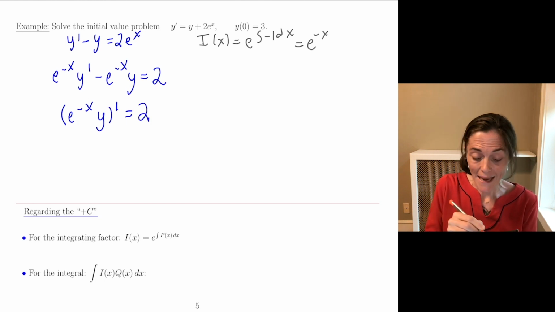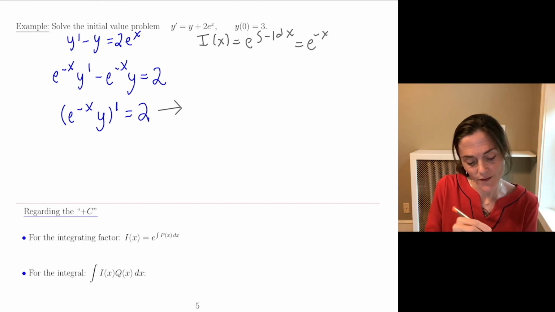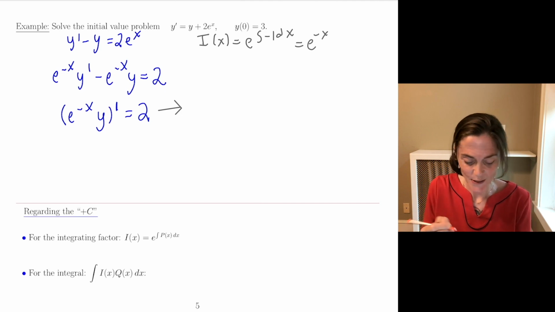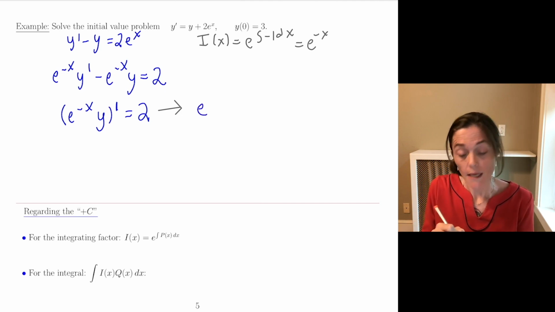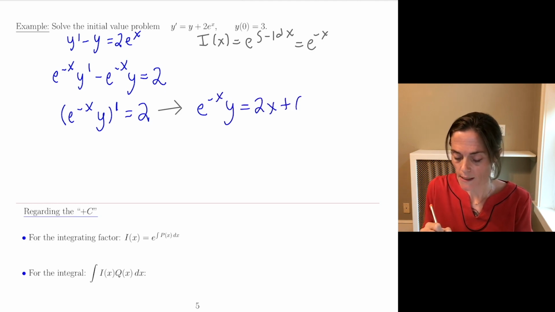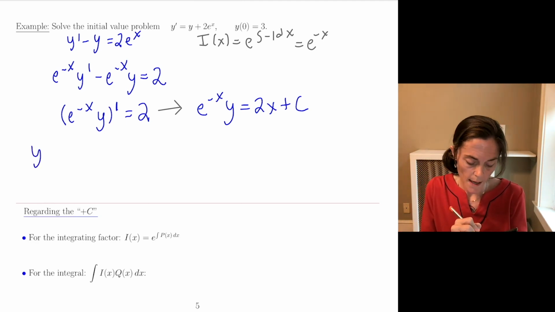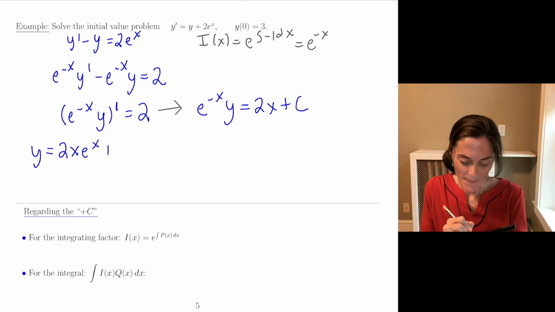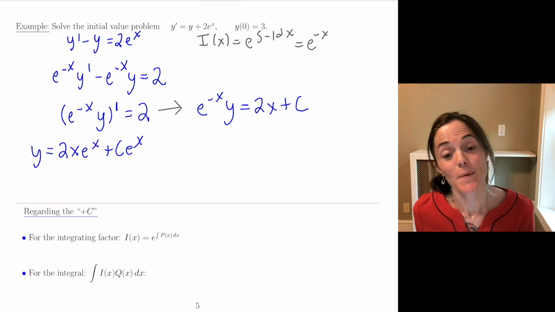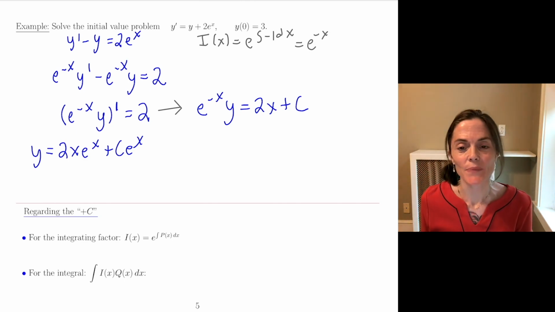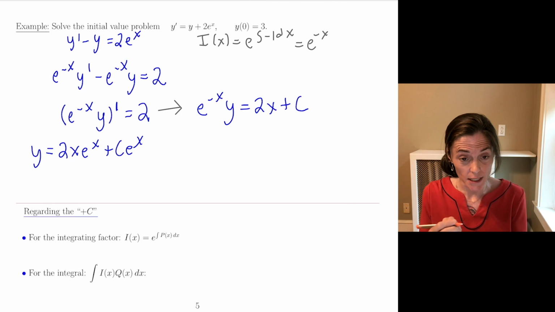So my general solution, which I'm not finished yet, I would have e to the minus x y equals 2x plus c, and then we multiply through. So I get y is 2x e to the x plus c e to the x. Okay, but I'm not done yet. As I was saying, I need to use my initial conditions.